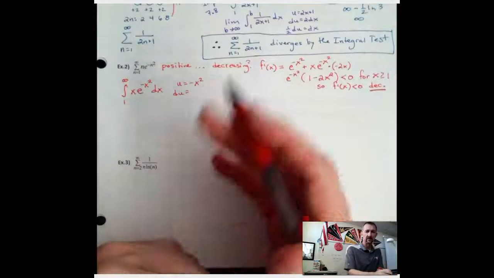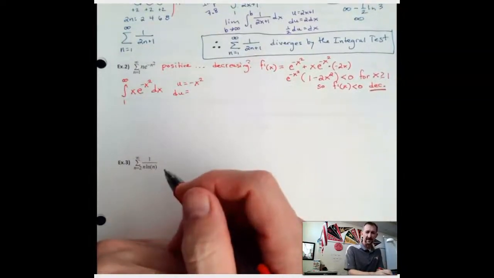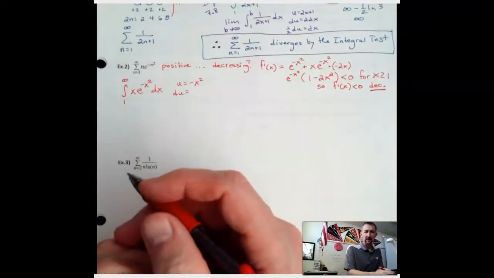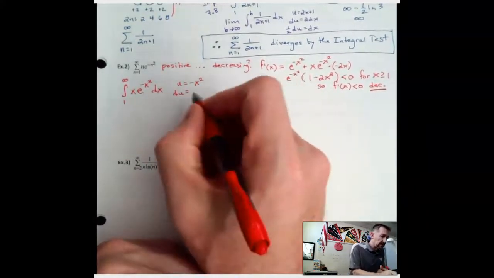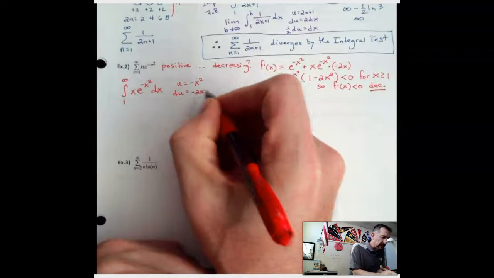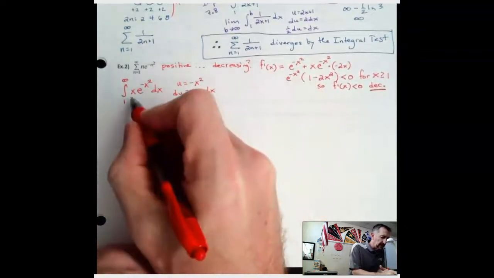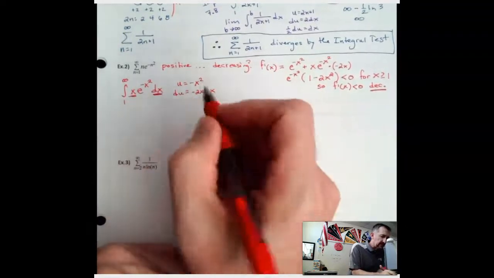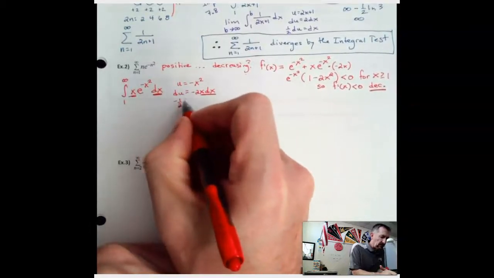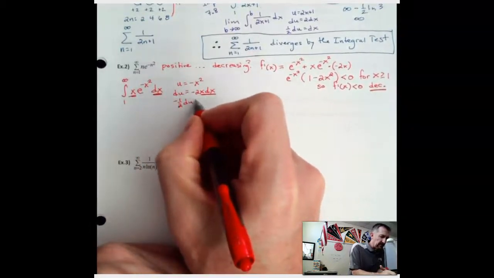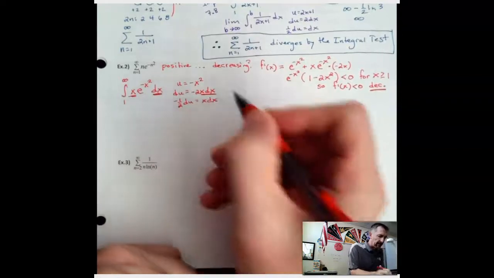Right now we're just doing a u substitution integral, so that would be something you ought to be able to do yourself. Pause the video, do that, compare. So this is going to be negative 2x dx. We have an x dx right there, so we need to divide by negative 2 there.